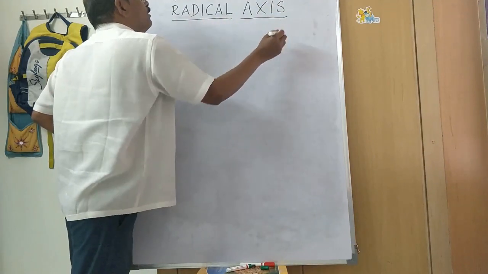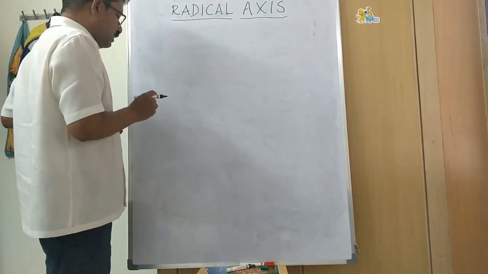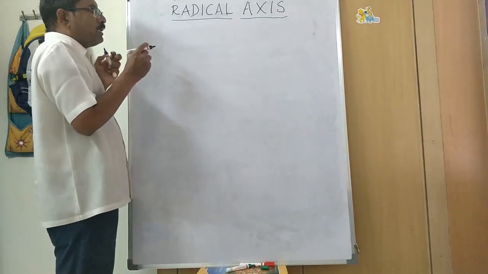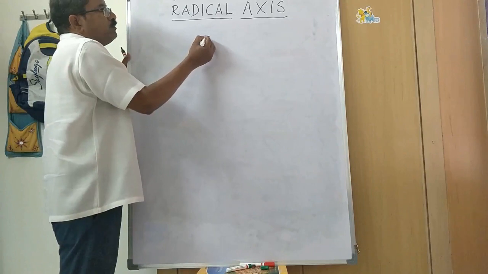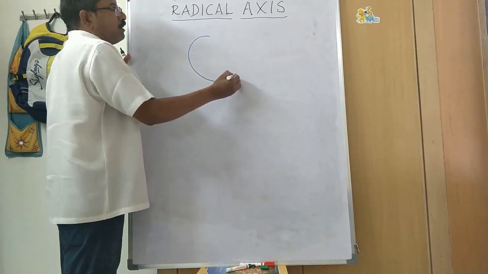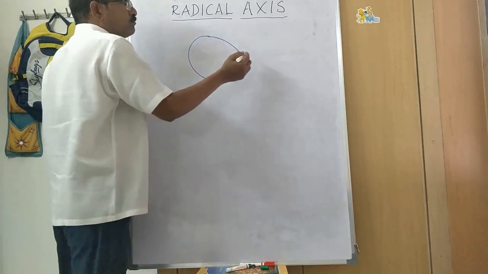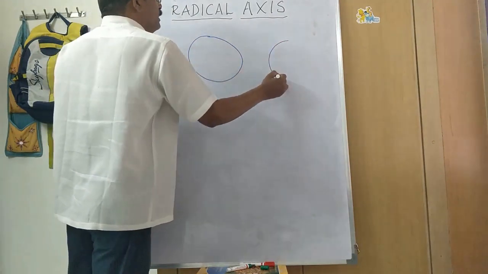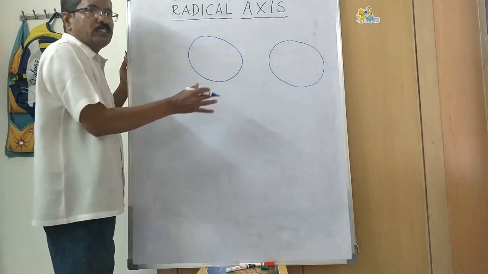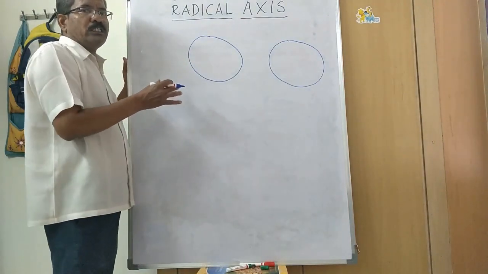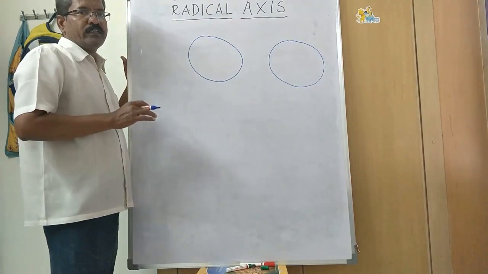What is meant by radical axis, and when does it exist? The radical axis is defined if two circles exist. They may intersect each other, or be at a distance, or be touching each other externally or internally. Okay.